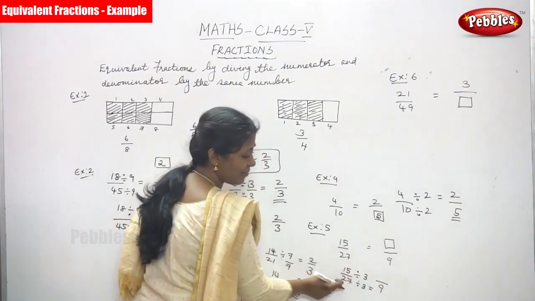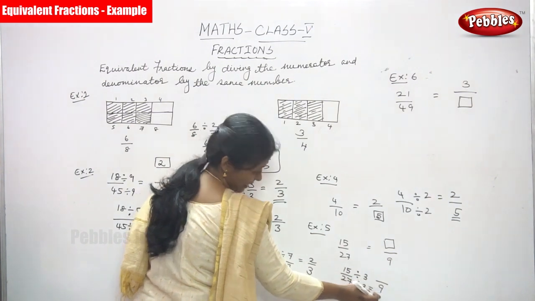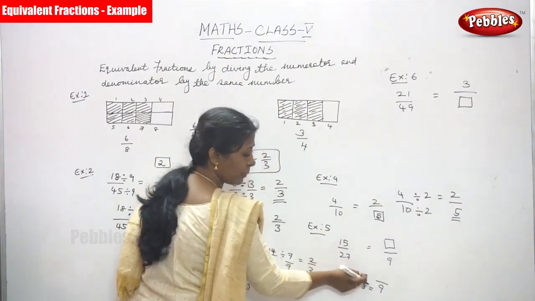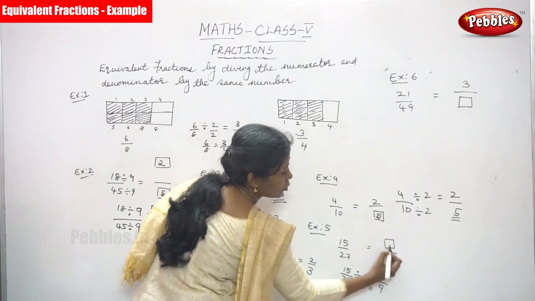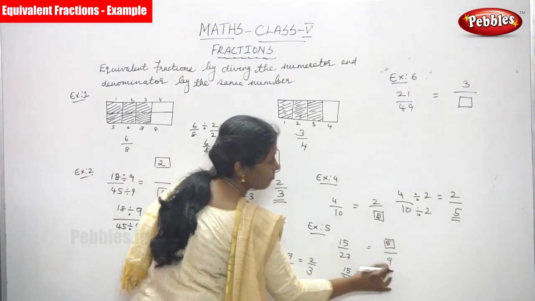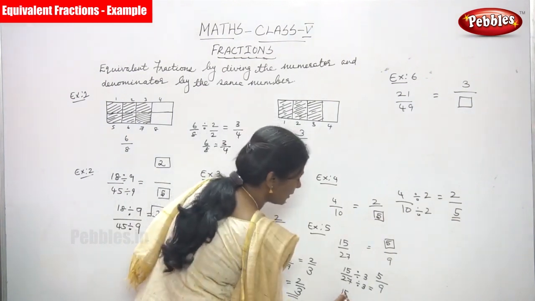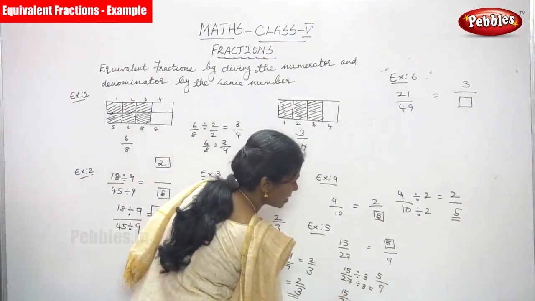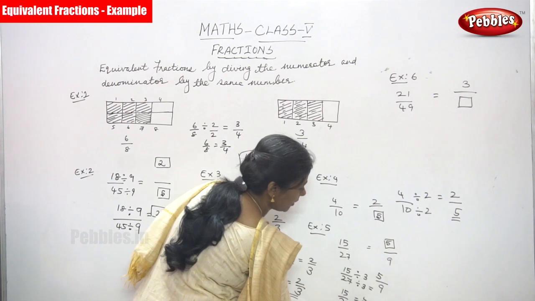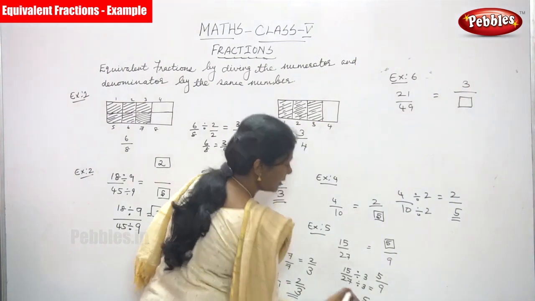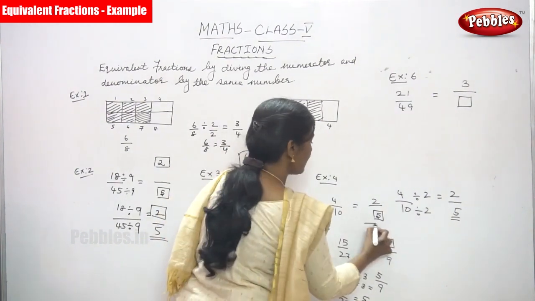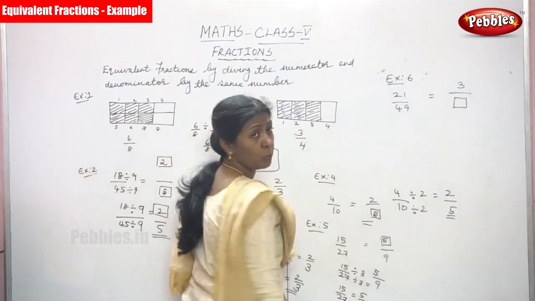So if 27 is divided by 3, you can get 9. So 15 is also divided by 3, you can get what? 5. So in this box you have to fill up 5. So the answer is 5 by 9. So 15 by 27 is equal to 5 by 9. In the earlier place, 4 by 10 is equal to 2 by 5.